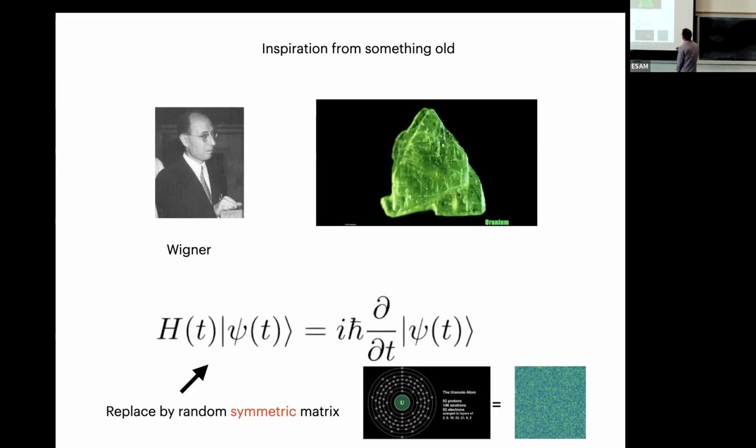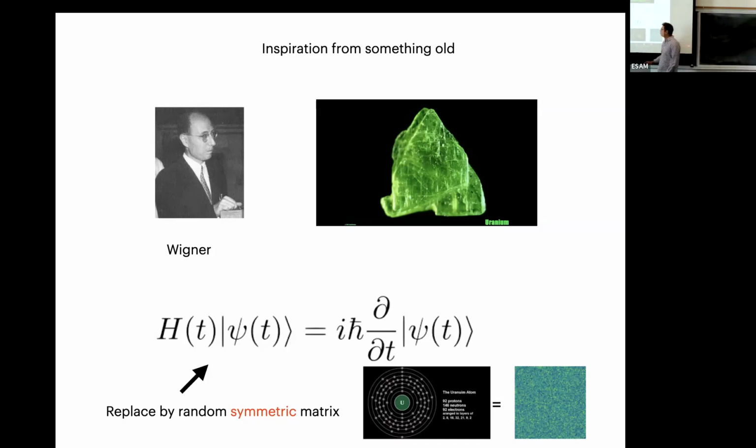Wigner, right, had this kind of crazy idea. So he was trying to study uranium in the 1950s and 60s, right? And uranium's a really complicated nucleus. It has 92 protons and 146 neutrons, and it's super complicated. And his basic idea was, okay, I cannot solve the Schrodinger equation for something this complicated.